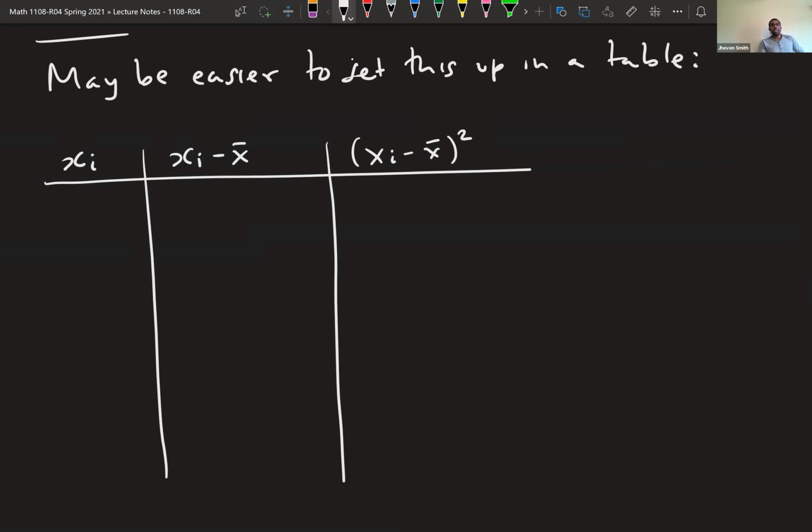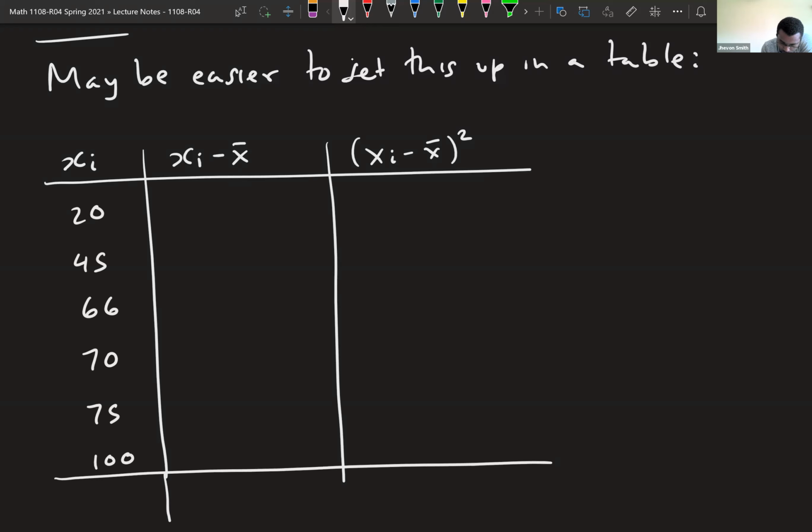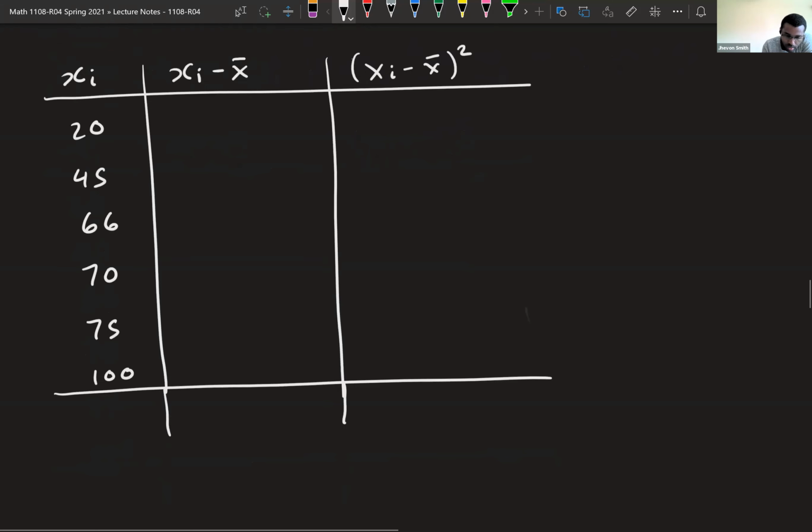Okay, and now you can actually go through and do it this way. So the xi are just the data points: you're going to have the 20, the 45, the 66, the 70, the 75, the 100.